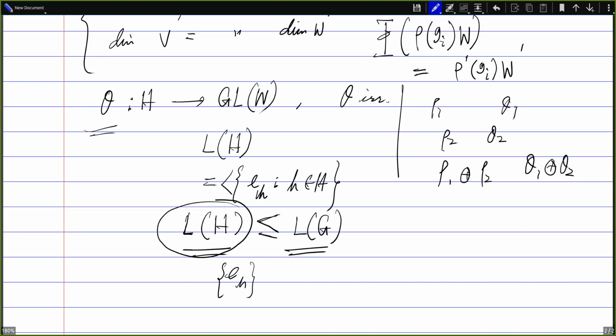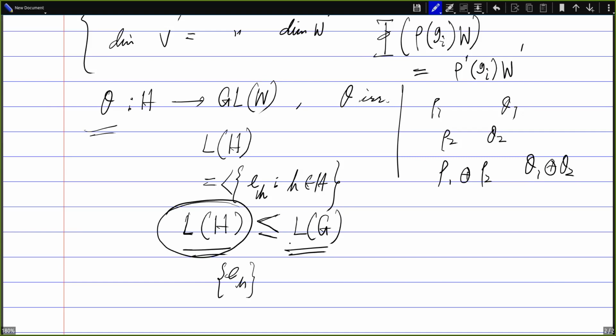So now we recall from the first example in the last video that this LH, this subrepresentation of the left regular representation on this LH, induces the left regular representation of G, right?